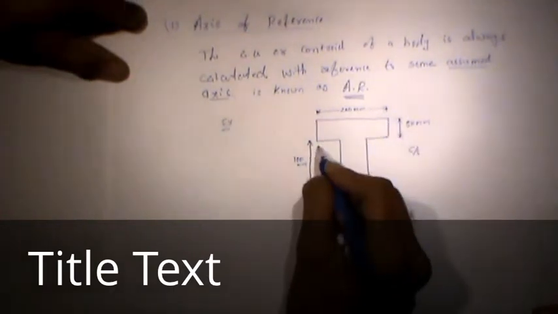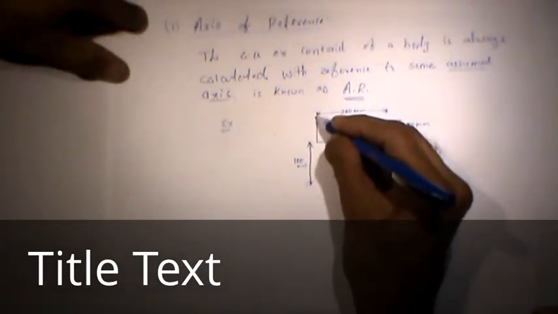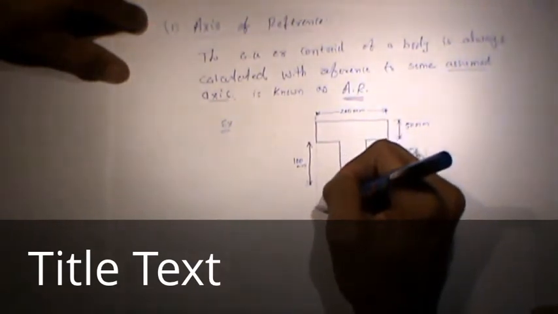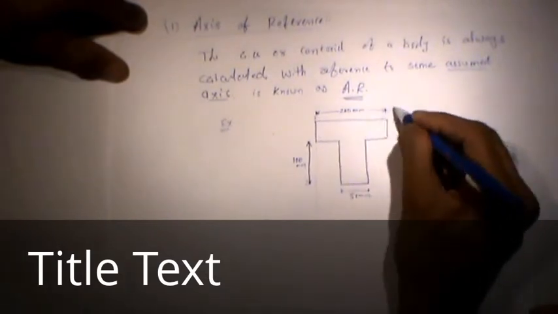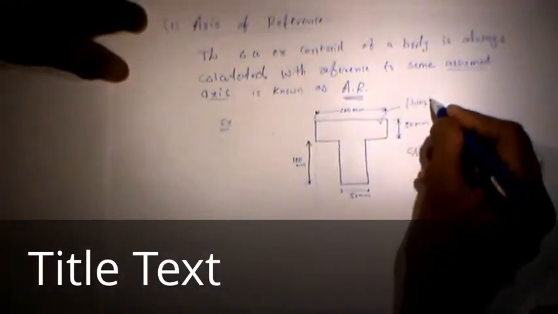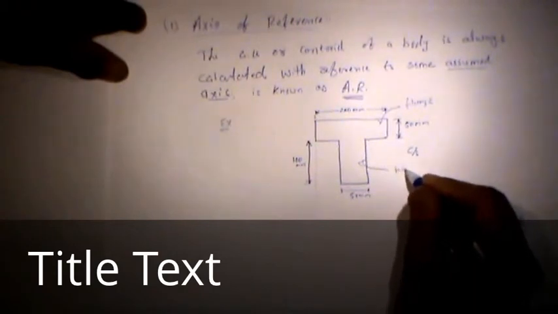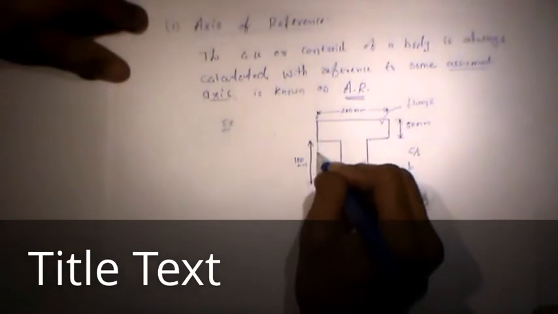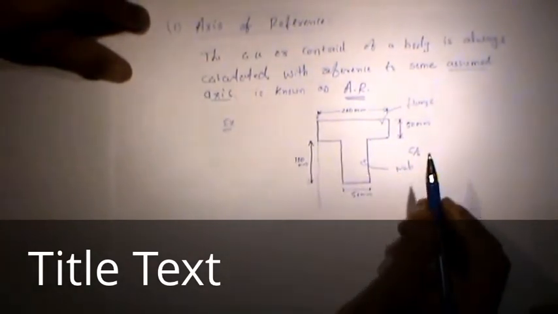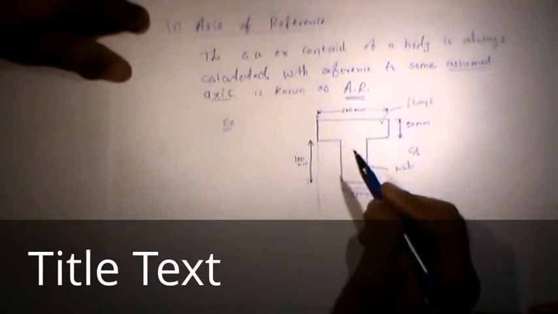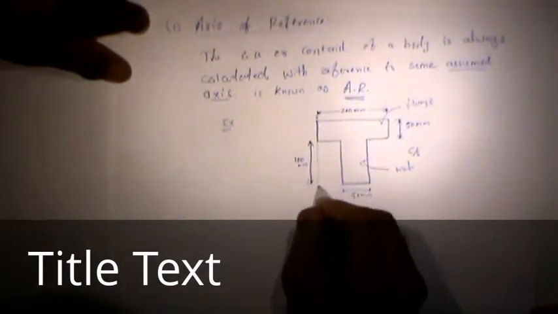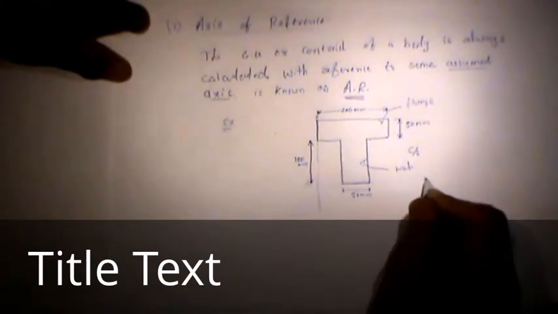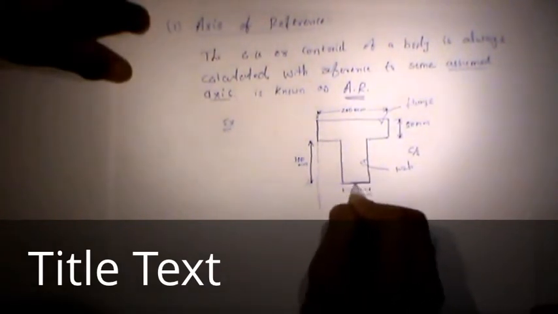Suppose I draw one vertical line passing through the vertical face of this flange. Actually friends, this is called the flange and this is called the web. And one horizontal line passing through the bottom of the web.